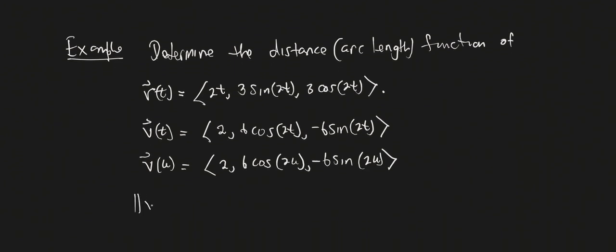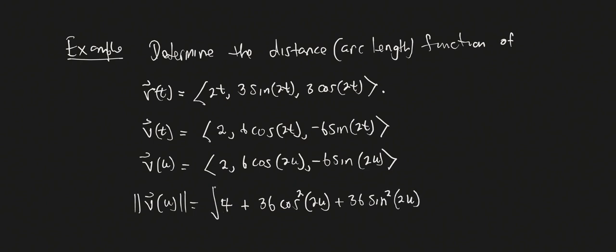So the magnitude of v of u, that would be, oh, not an angled bracket, a square root is what we need. So let me write down what's under the square root first. So this will be 4 plus 36 cosine squared of 2u plus 36 sine squared of 2u, right?